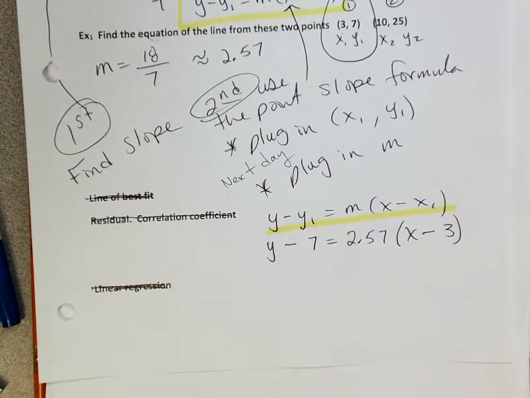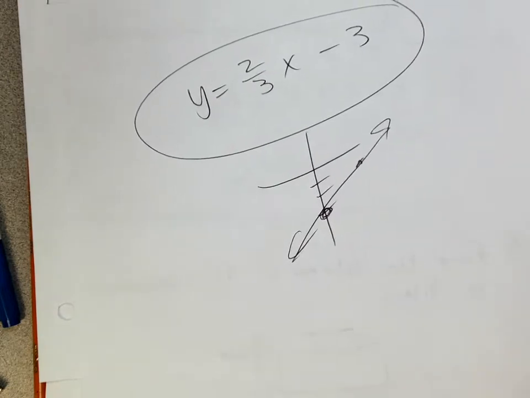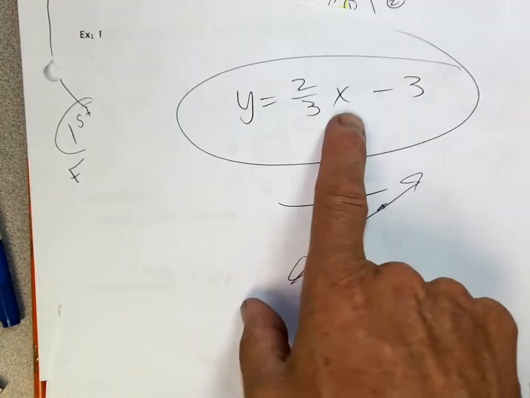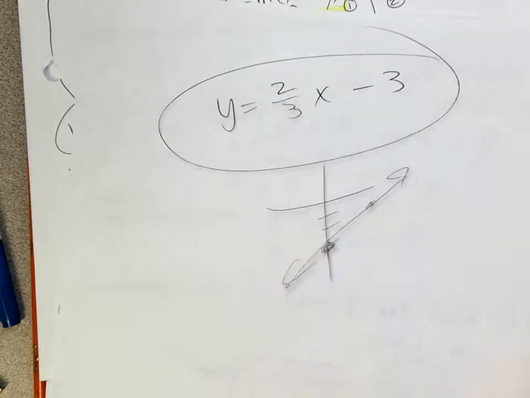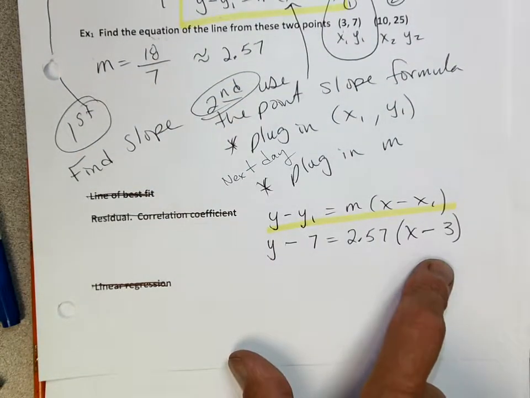How am I doing? So I used my formula, and in my formula, I've got to put in a y1 and an x1, which I got from my point. I need to put in an m, which I found from the slope, and then I need to leave the y and the x as variables, because eventually you're going to want to graph it. What I need to do next is solve for y, so I can graph it.